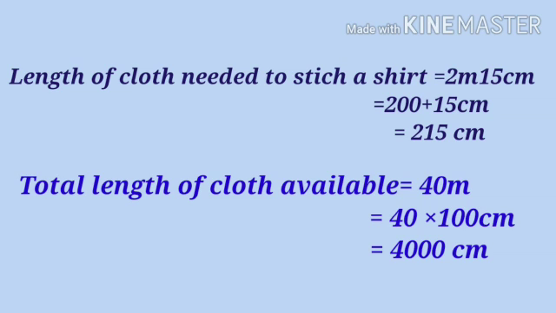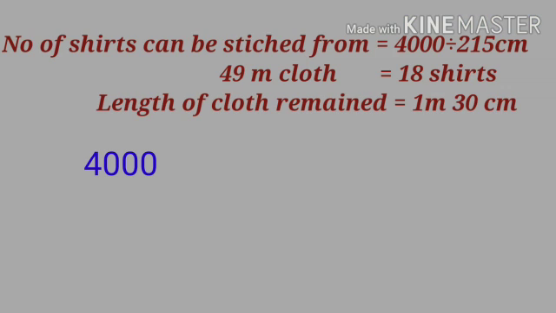Next, we also write the total length of cloth available, that is 40 meter. And we convert 40 into 100 centimeter equals 4000 centimeters. Next, we need to divide these 4000 by 215 centimeters.